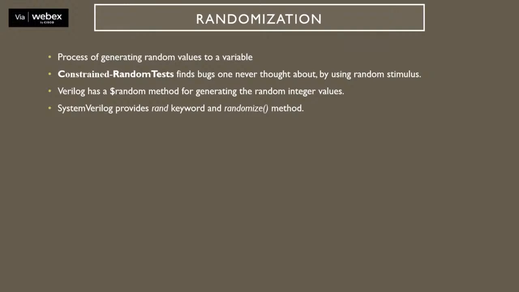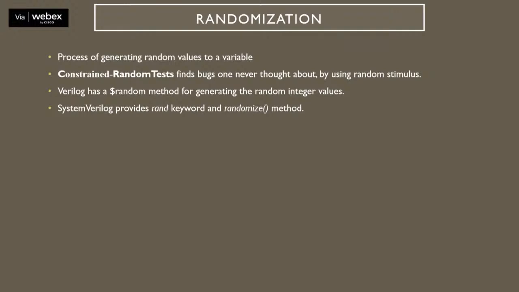But as the design becomes more complex, directed testing can lead us to miss out some of the conditions for testing. That can be overcome by what is called randomization. Here you generate random values for variables, and that is a constrained random test, where you also give the conditions for randomizing.